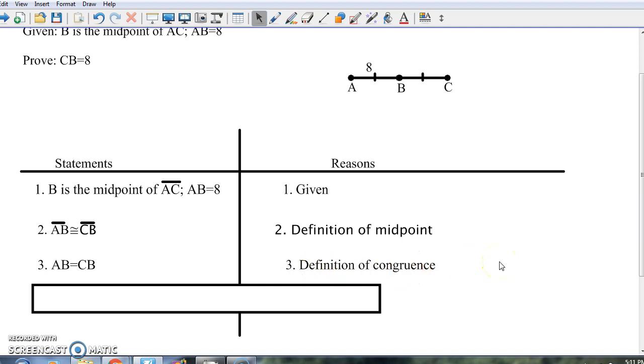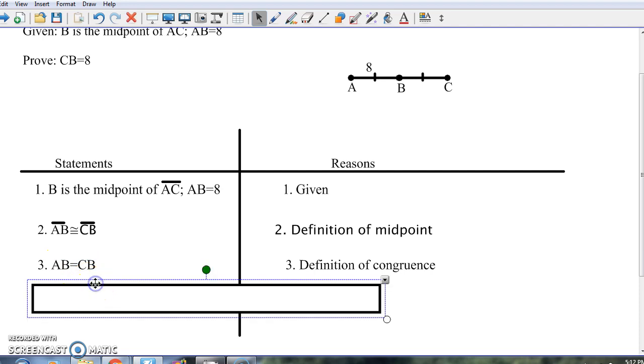Now you should say, awesome, I can do my last step now. I can prove what I need to prove. Because if AB equals CB, and you know that AB equals 8, then all you have to do is use substitution to say that CB equals 8. Technically, I'm taking this AB equals 8, removing the AB, and substituting it with a CB because I know that they're equal.